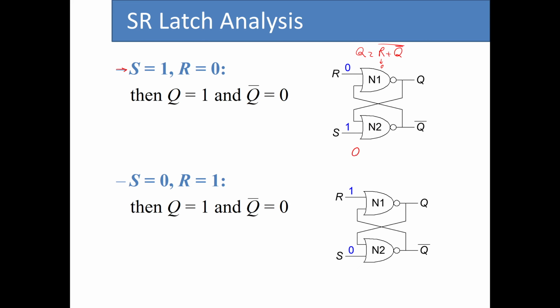So for this one, we have Q bar to be S NOR Q. And let's say we have S to be 1. So when S is 1, we have 1 OR Q, which is going to be 1 itself. If you remember, 1 was the null element of the OR operator.